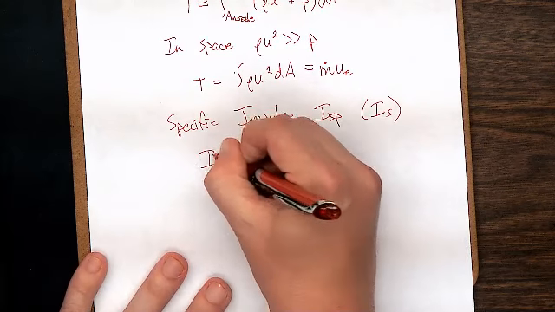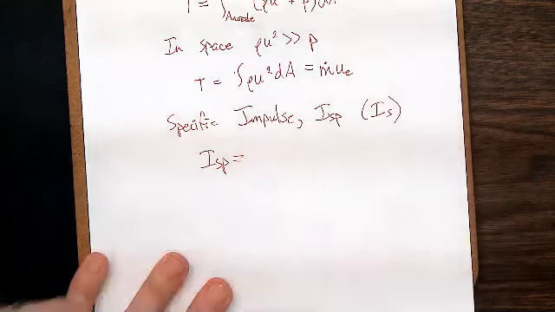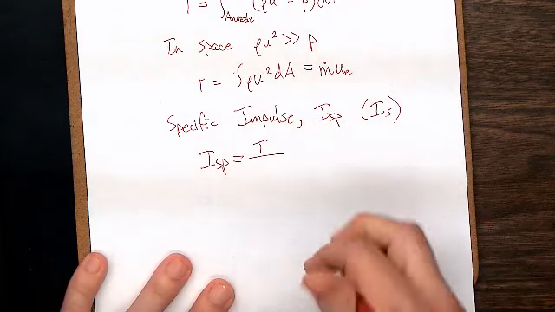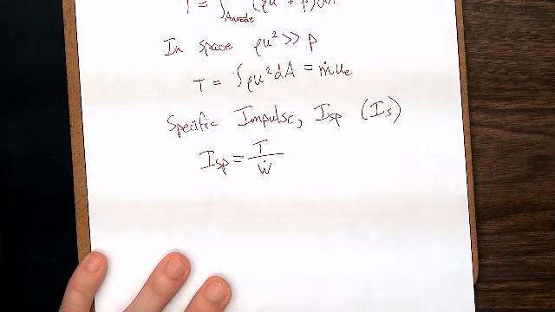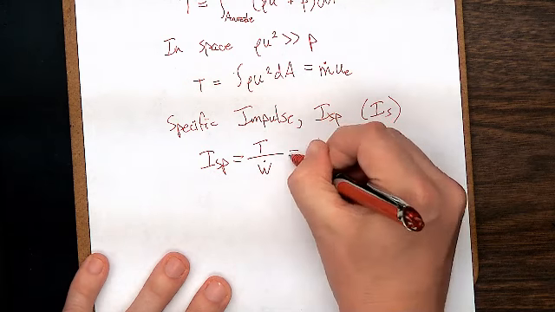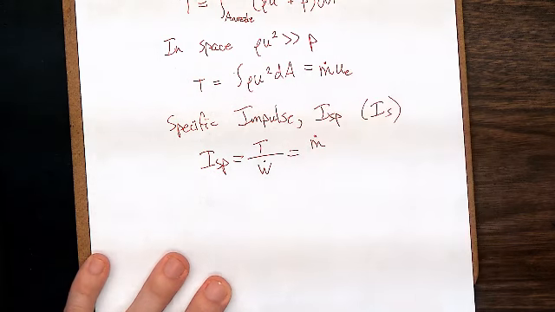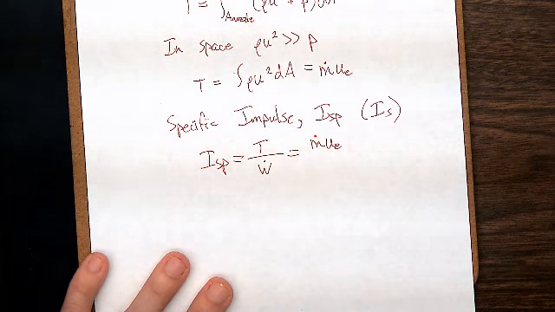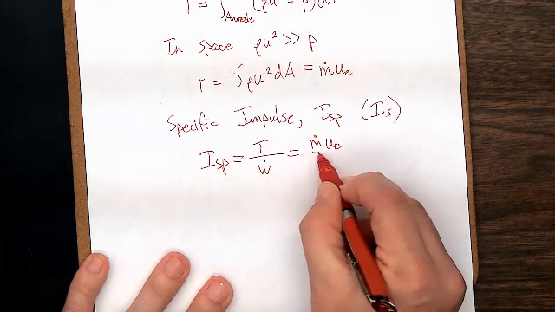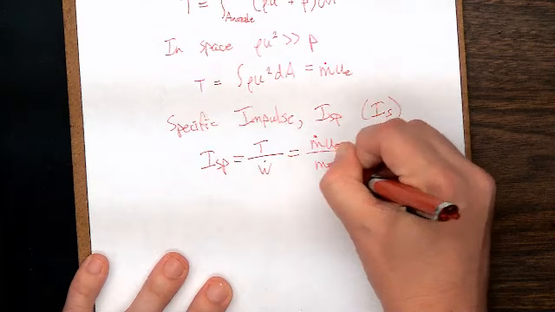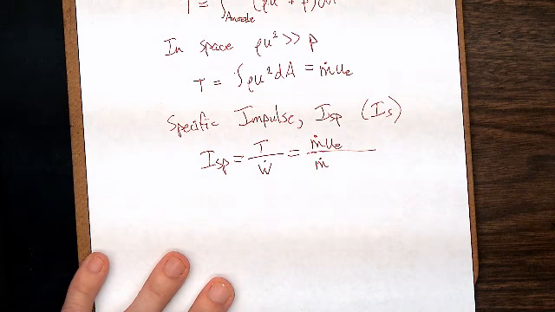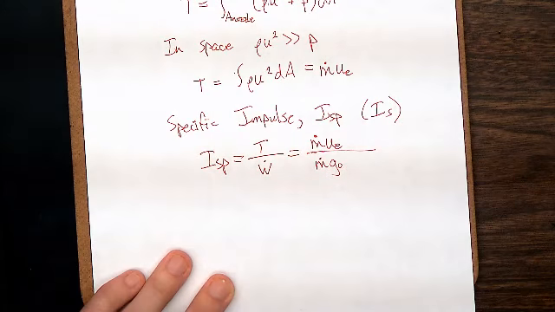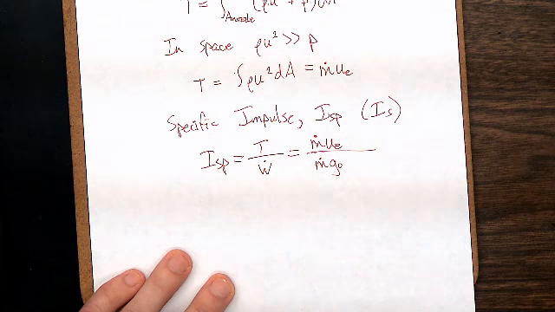Okay, so our specific impulse is equal to thrust divided by, I'll just call it W dot, which is the weight flow rate. So this is equal to the mass flow rate of the propellant times the exit velocity, assuming the uniform distributions of each across the nozzle, divided by the mass flow rate of the propellant. Notice that's the same as it is in the numerator, times Earth's gravitational constant. This is just how it's defined.